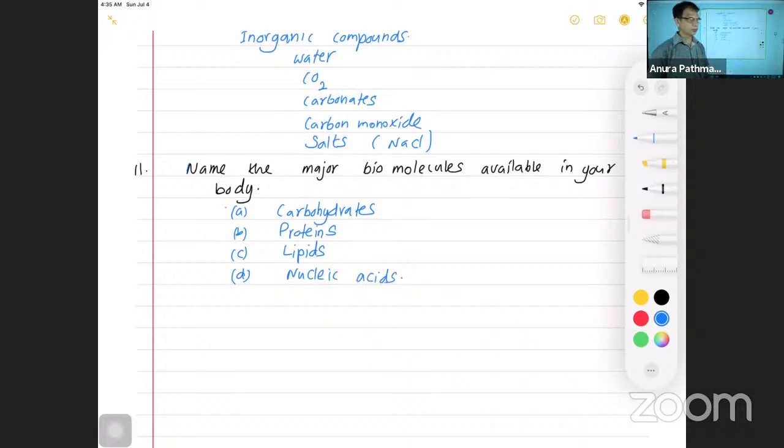So these are the four types of biomolecules that we want to draw our attention to. And right from here, we want to go a long journey in your studies.